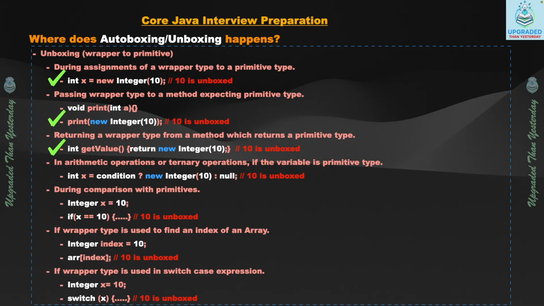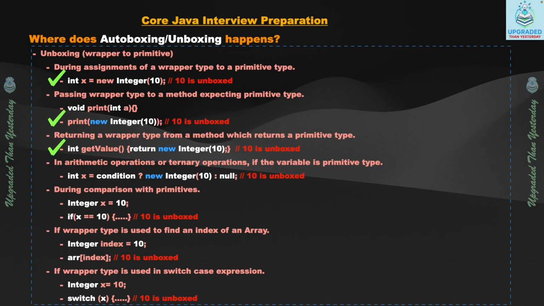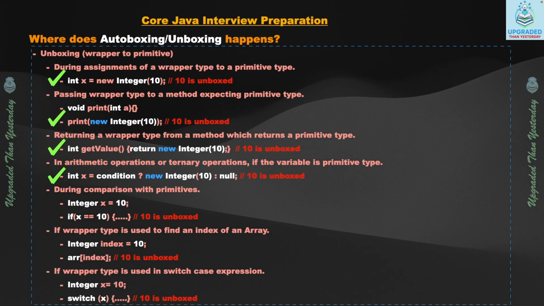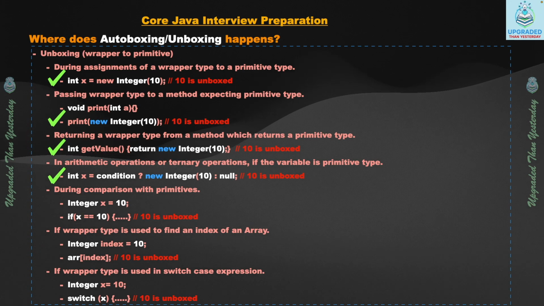Unboxing happens in arithmetic operations or ternary operations if the variable is primitive type and the assigned value is wrapper type. For example, look at the code. x is of primitive type, but based on a condition, a wrapper Integer object of value 10 is getting assigned. This is allowed because the wrapper Integer object will get unboxed internally.